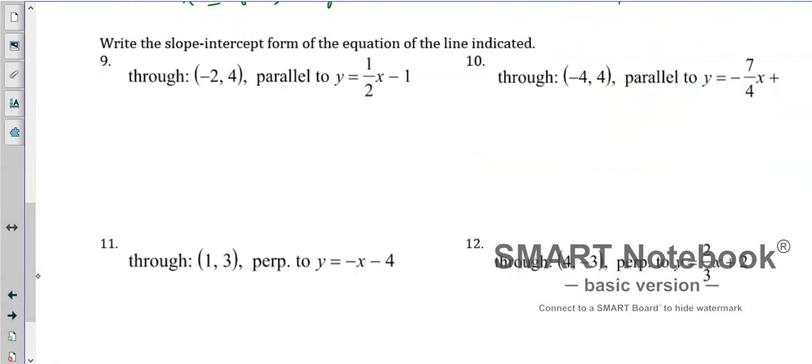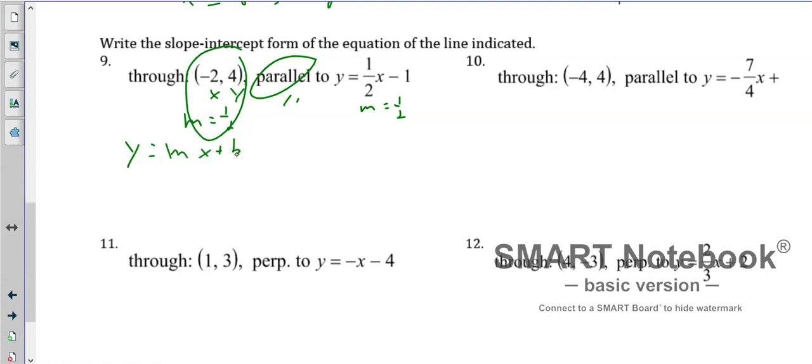All right, write the slope-intercept form of the equation of the line indicated. So through negative 2, 4, this is my x, this is my y, and here's my m, 1/2. Parallel means the same thing. So m is 1/2. So now I have everything I need. I have x, y, and m. So I write y equals mx plus b, and I just fill the numbers in.